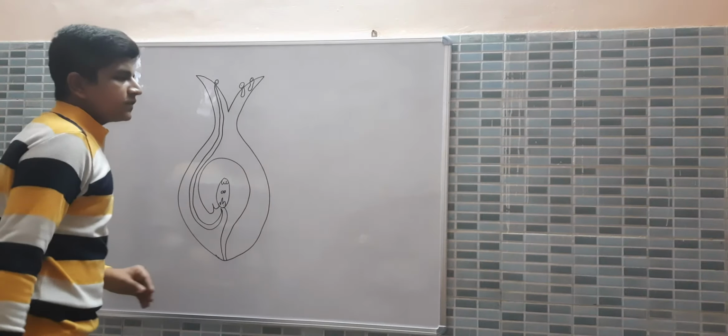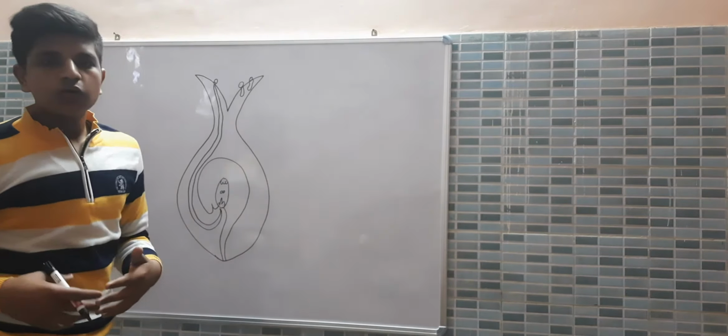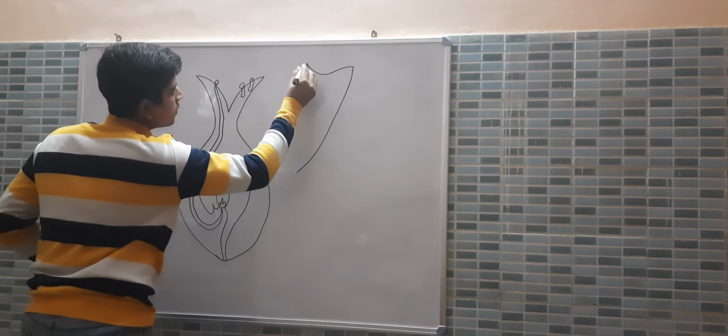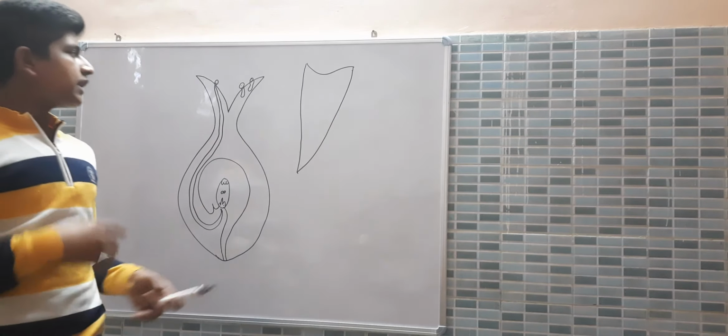In every flower there are petal-like structures which are used to make a flower look beautiful to animals and insects. This part, which is in every flower, has a number of colors.